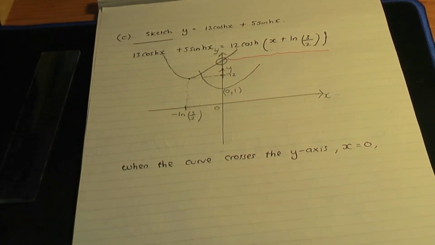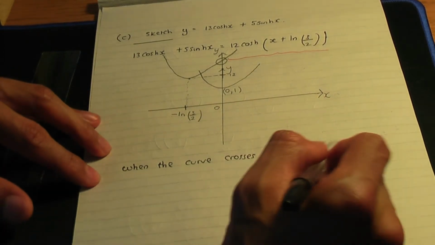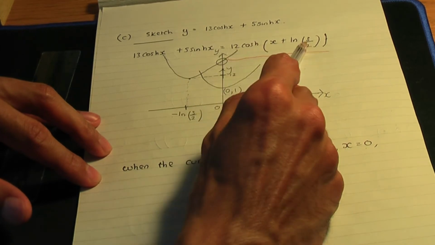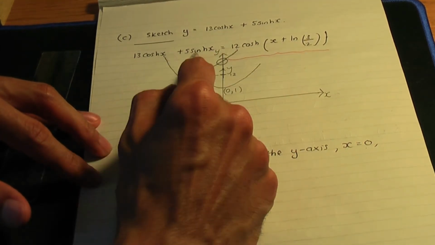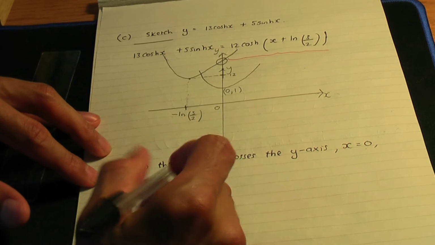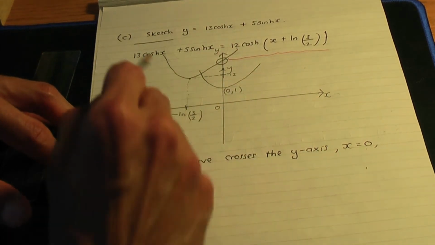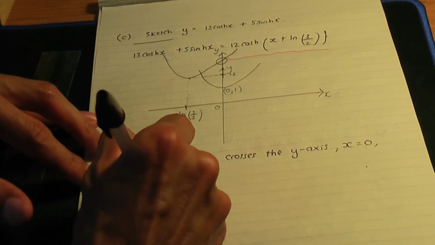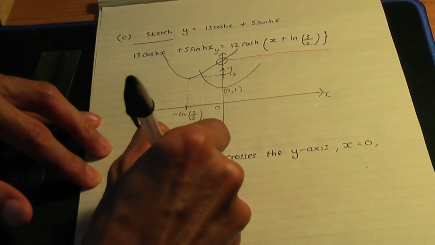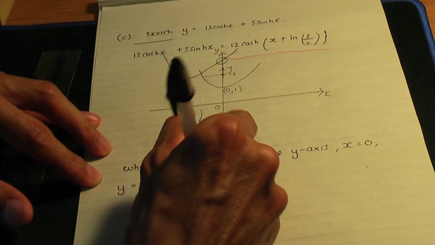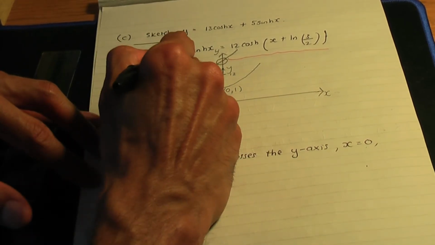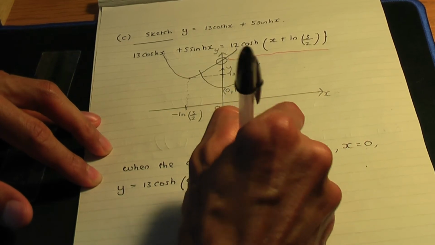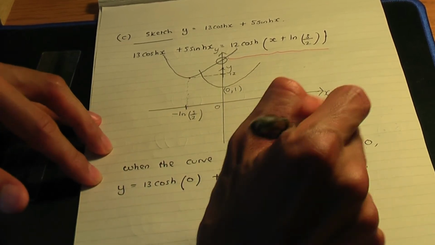So I'm going to put x equals 0, and you can put it into here or here, they're both the same anyway. When I substitute x equals 0, we're going to have y is equal to 13 hyperbolic cos 0 plus 5 hyperbolic sin 0.